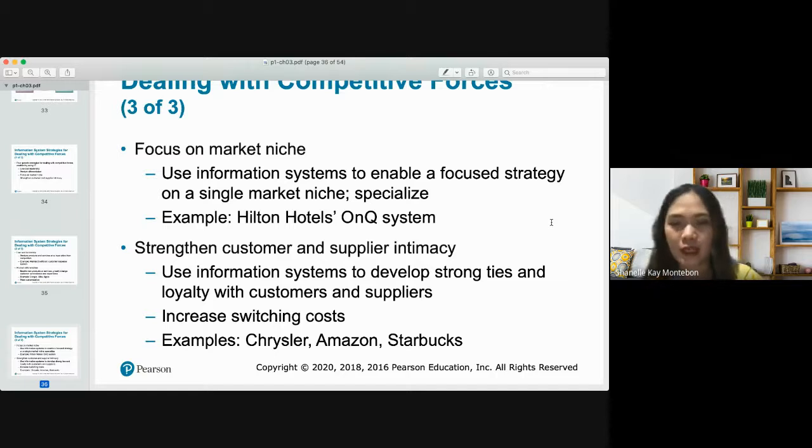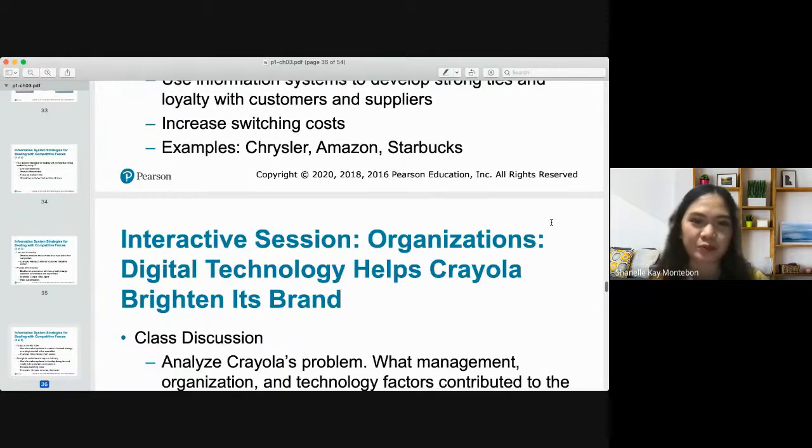Another example kay Amazon, Amazon creates strong customer intimacy based on the data that they receive from its customers. So they analyze the data and then based on that, they make recommendations, they provide promos, whatever mga discounts to have that strong customer intimacy between Amazon and its customers. And also Starbucks, which was in the previous slides.